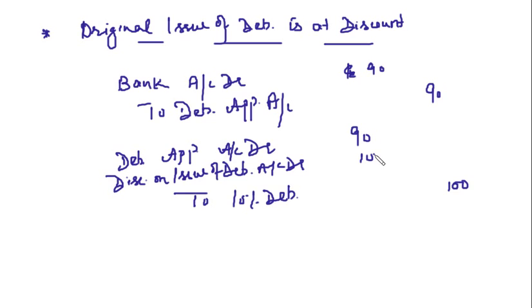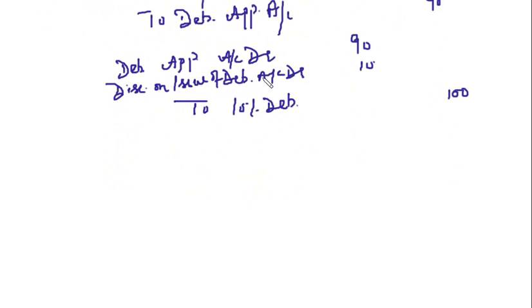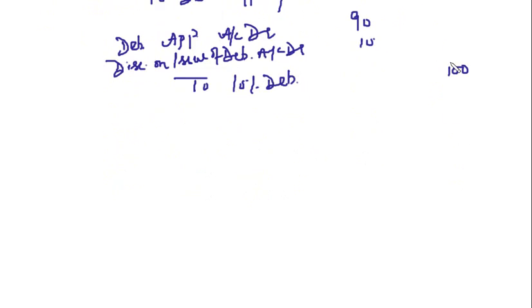Now, when you have to redeem these debentures, what is the amount that is payable to the people from whom you have taken the money? If nothing is mentioned, will you pay 90 rupees or 100 rupees? Whether it is 90 rupees that you have received or 100 rupees that is the face value.